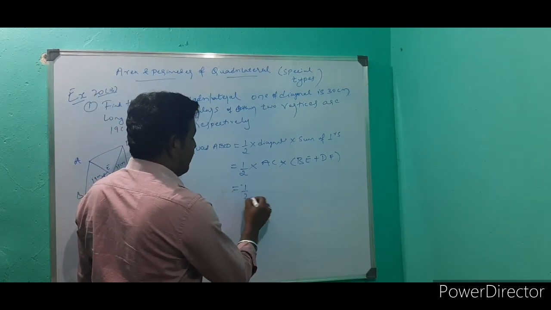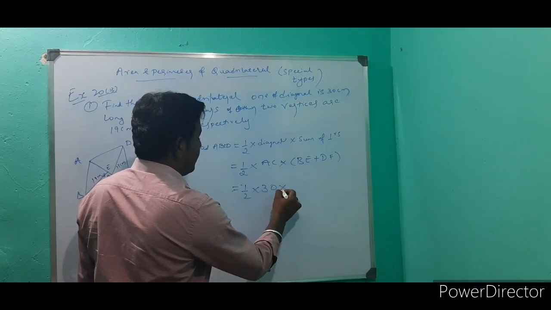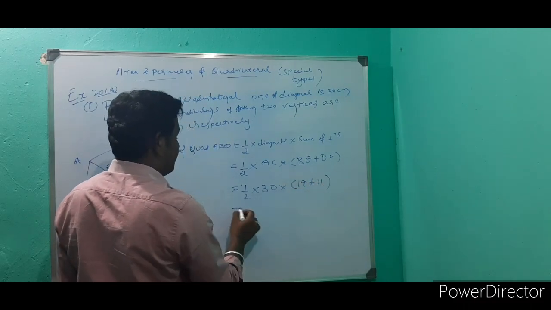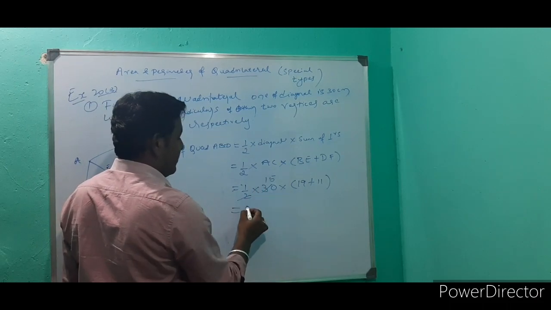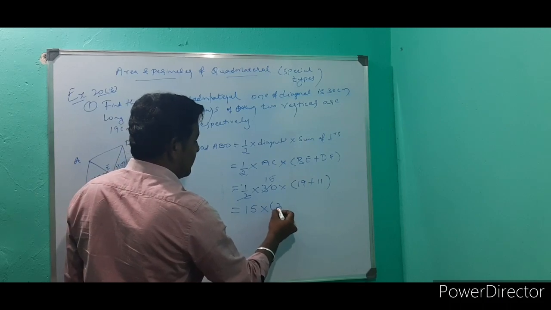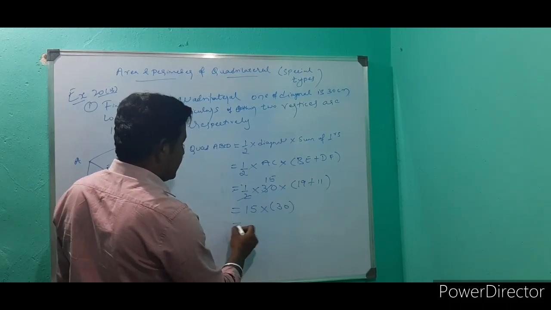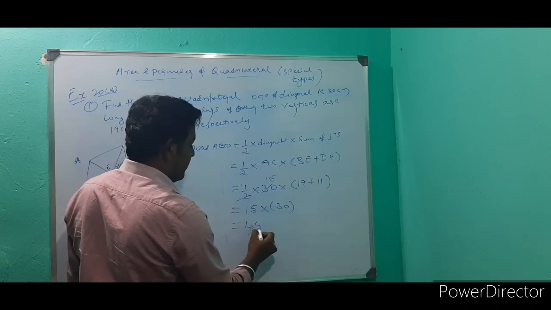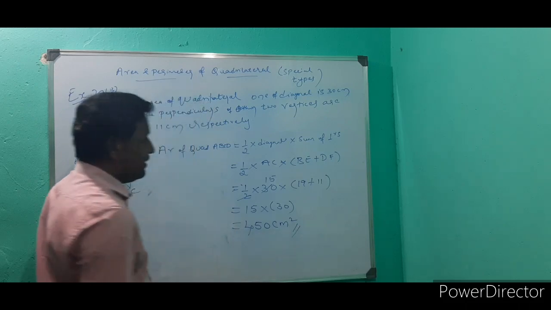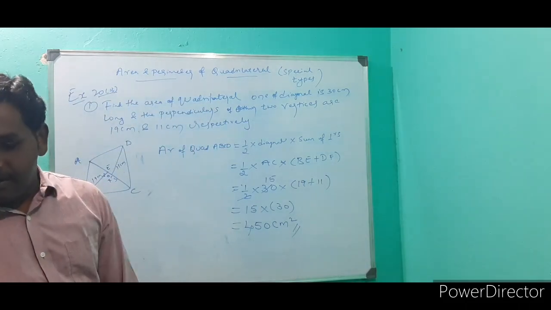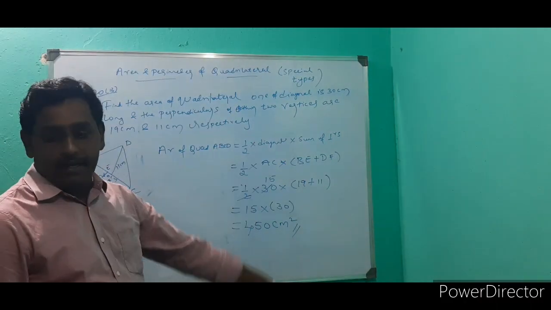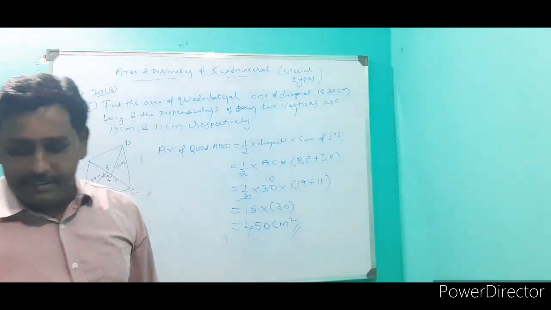So half into AC, diagonal is 30, into sum 19 plus 11, which is 30. Half of 30 is 15, 15 into 30 is 450 centimeter square. So this is the area of quadrilateral when they are given a diagonal and the sum of the perpendicular lengths.